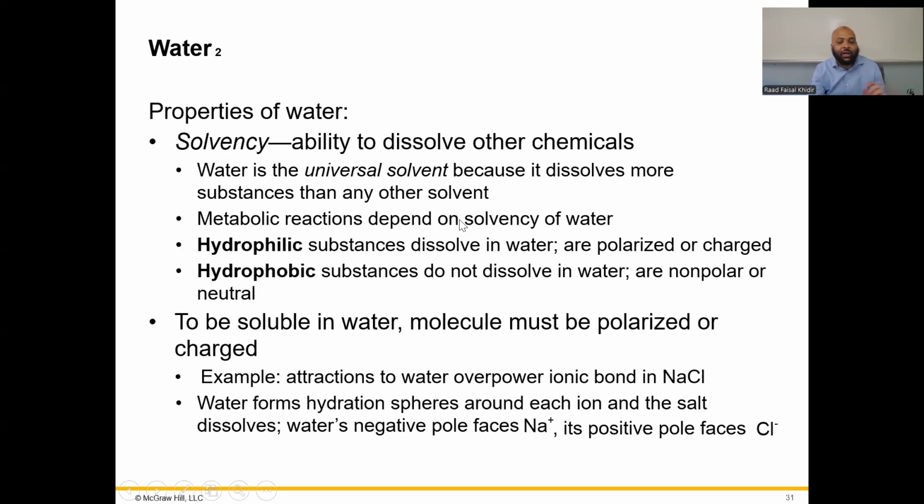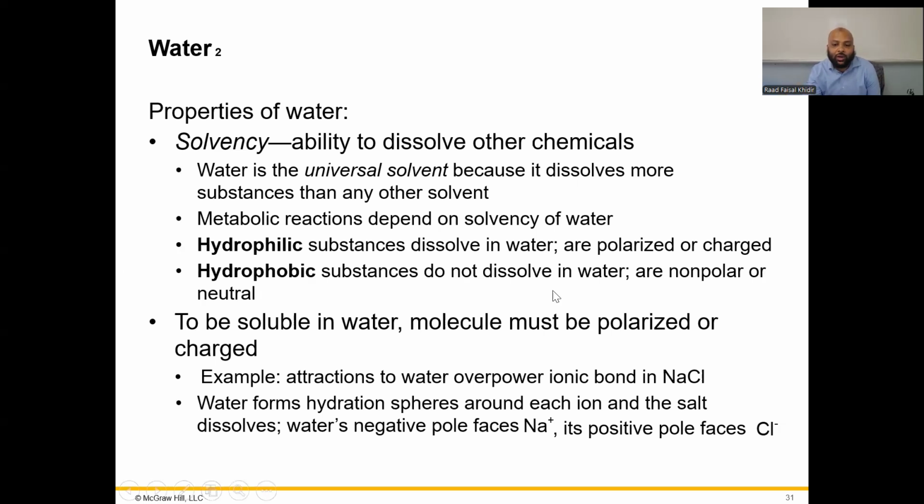Hydrophilic substances dissolve in water and are polarized or charged, while hydrophobic substances do not dissolve in water and they are nonpolar or neutral. So like dissolves like: lipids dissolve lipids, and polar substances dissolve polar substances. So detergent dissolves lipids and fats, while water dissolves the salts and the polar substances that have charge or that are able to dissociate into electrolytes.